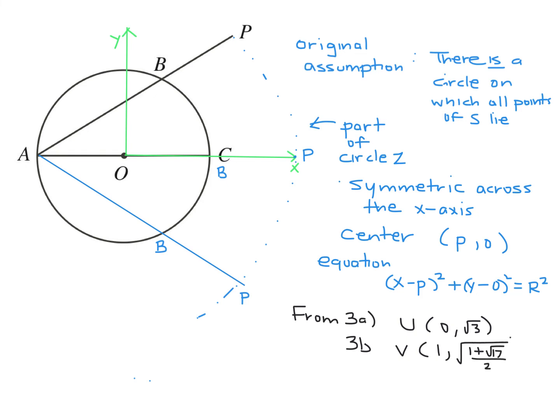So we had to show that these two satisfy this equation. But before we do that, we've got to figure out the numerical values of R and P, because right now we've got some unknown variables. And once we find out P and R, if we can indeed substitute both of these, then that proves that it's a circle. If it doesn't work out, then it's not a circle, and our original assumption would be incorrect.